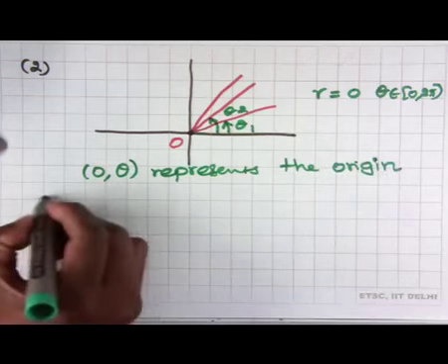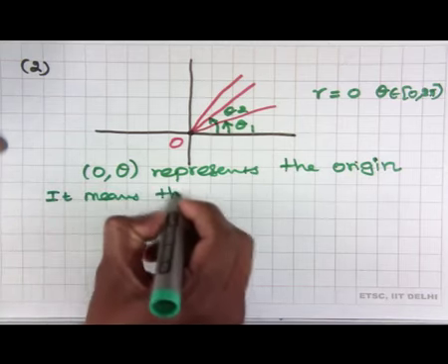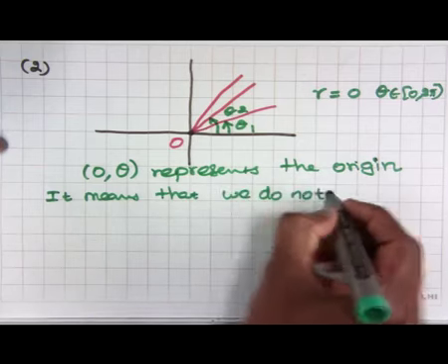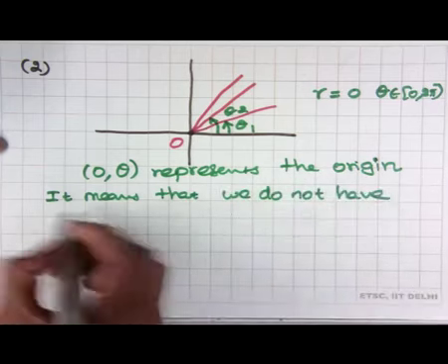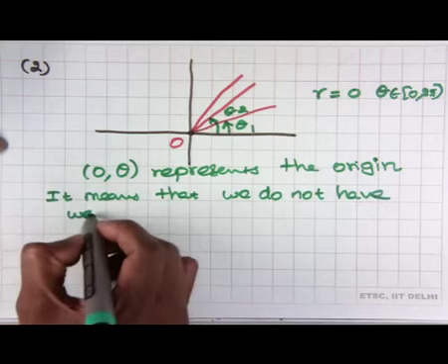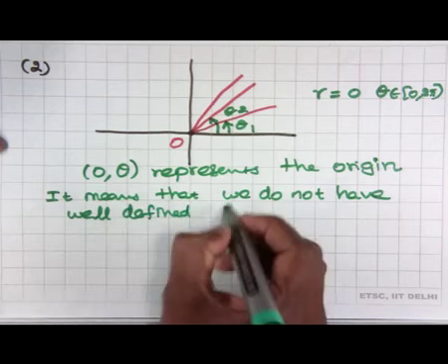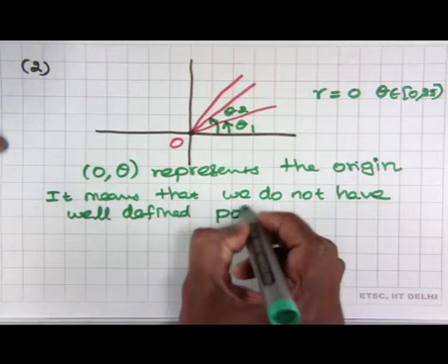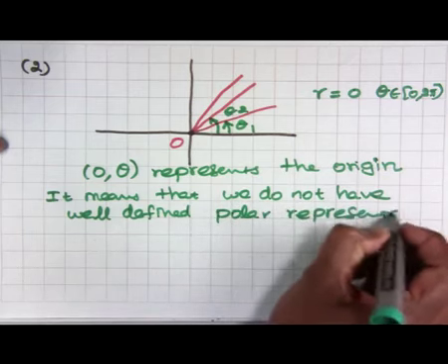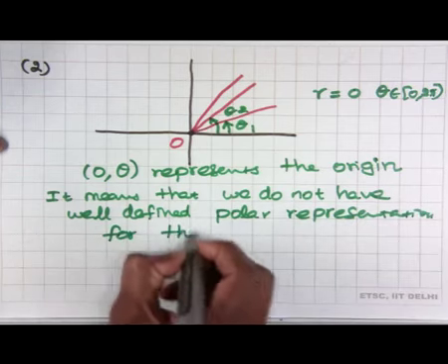It means that we do not have a well defined polar representation for the origin.